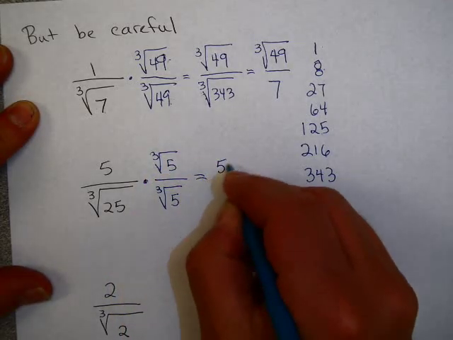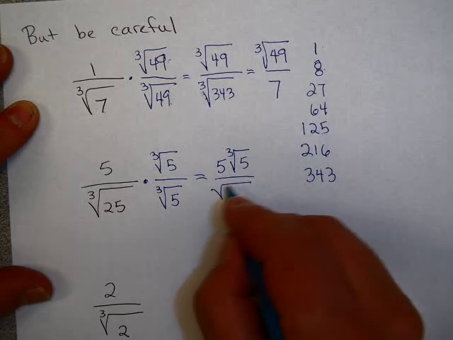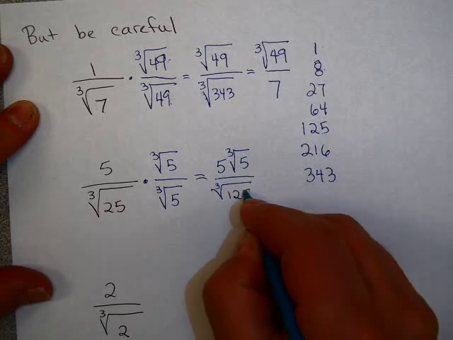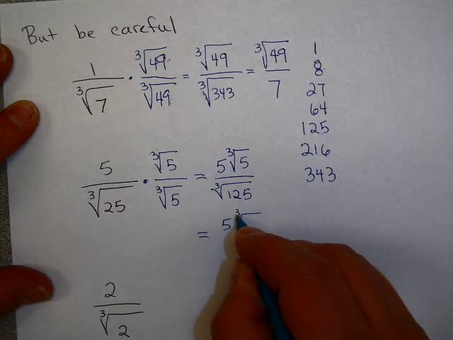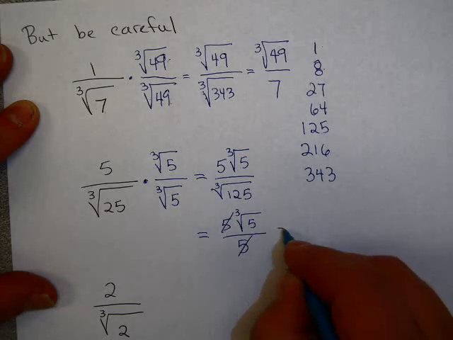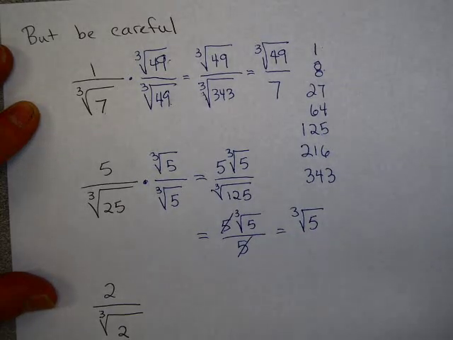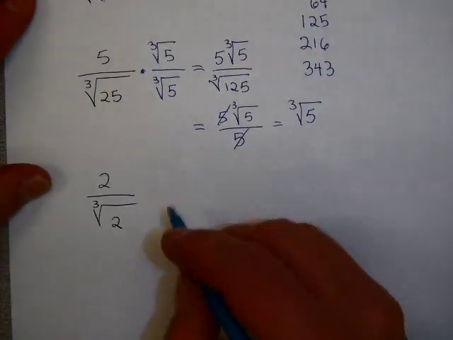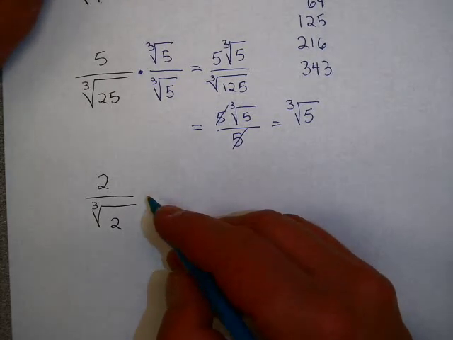That gives me 5 cube root of 5 over cube root of 125. And the cube root of 125 is none other than 5. And here I can divide out the 5s, and I end up with a completely simplified answer of the cube root of 5.